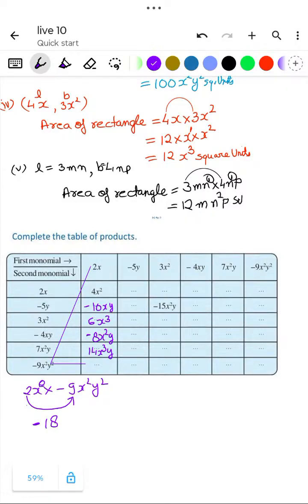X to the power 1 is here, 2 is here. So this will be x cube y square. Right? So this is negative 18 x cube y square.